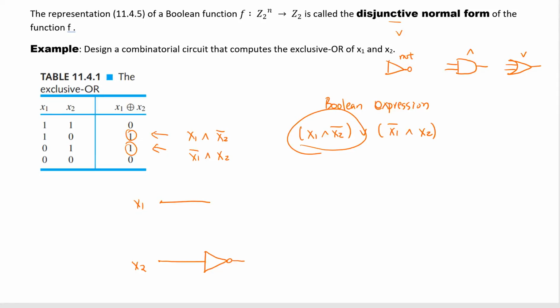Alright, so x1 and x2 bar. This is the NOT gate, and then we feed it into an AND gate, which looks like this. Next we have x1 bar, so we need a NOT gate here. And then this is x1 bar. We also need x2, so let's put x2 here.